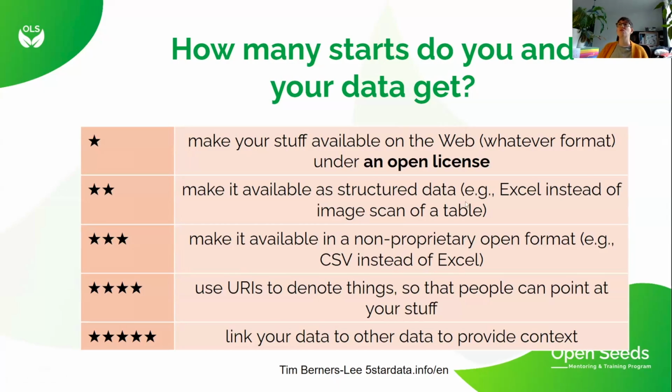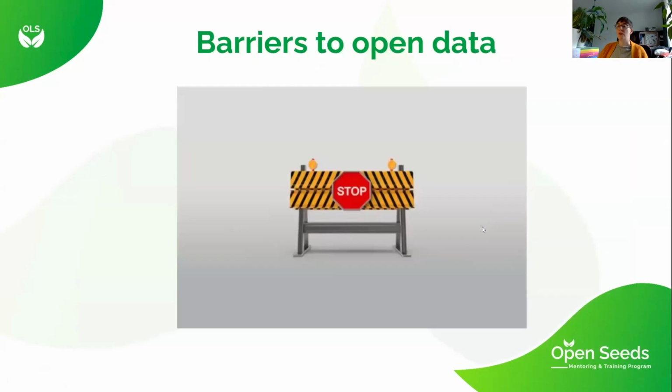Okay, so we are going to move on to what I was just talking about. What are the barriers to open data? You people are getting between 3 and 5 stars, which I think is amazing. Why do you think you or others are not getting more stars?